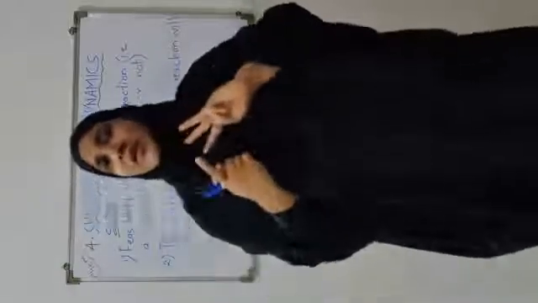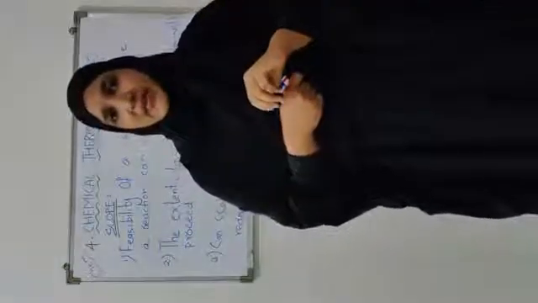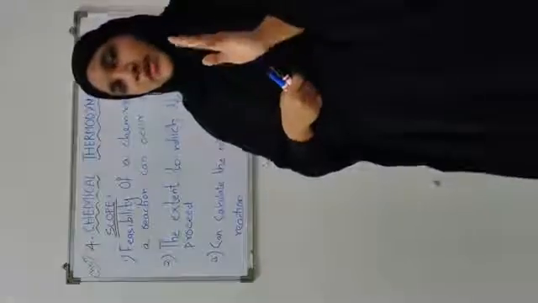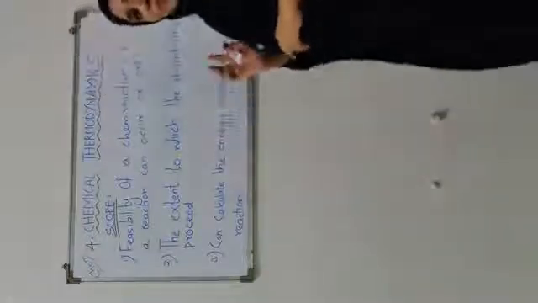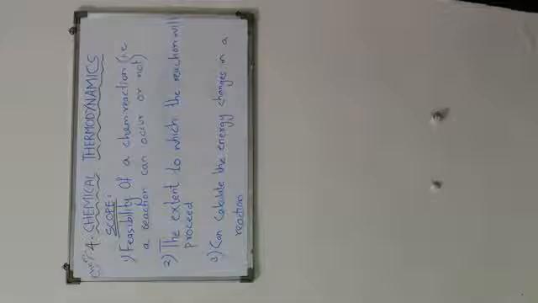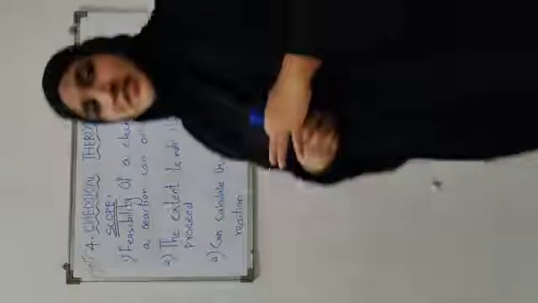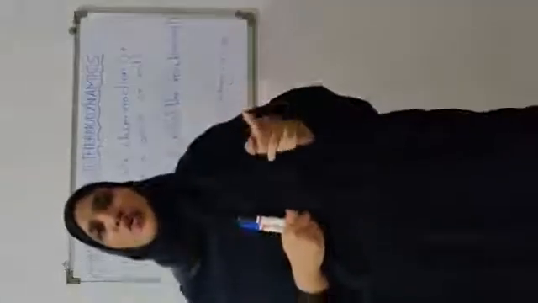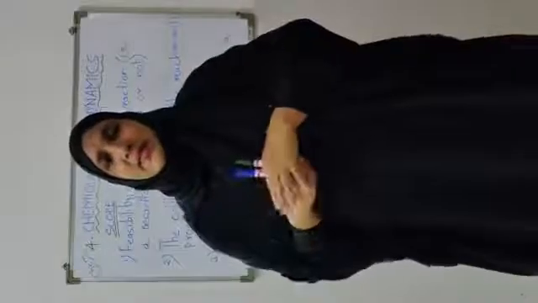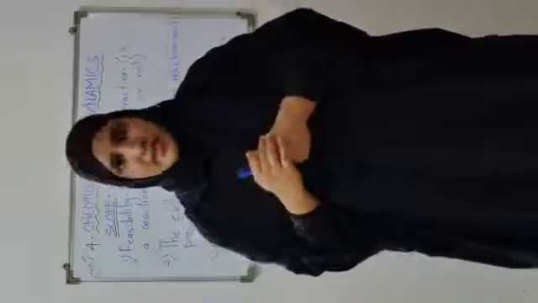So these are the three important scopes of chemical thermodynamics, and if you want you can pause the video and write these from the board. Okay. Now let's move forward. After the scope, let's discuss some limitations of the chemical thermodynamics.